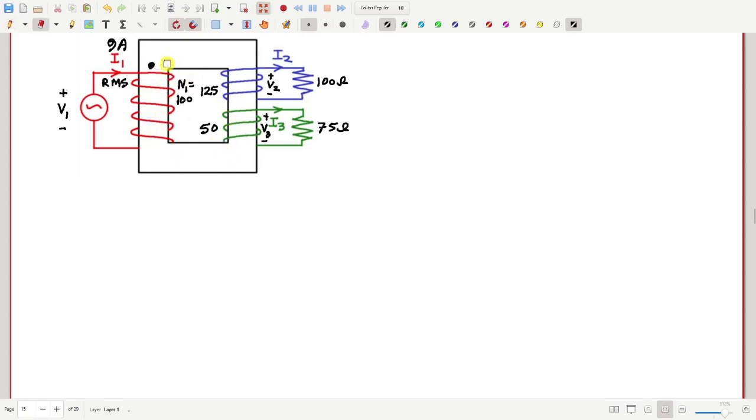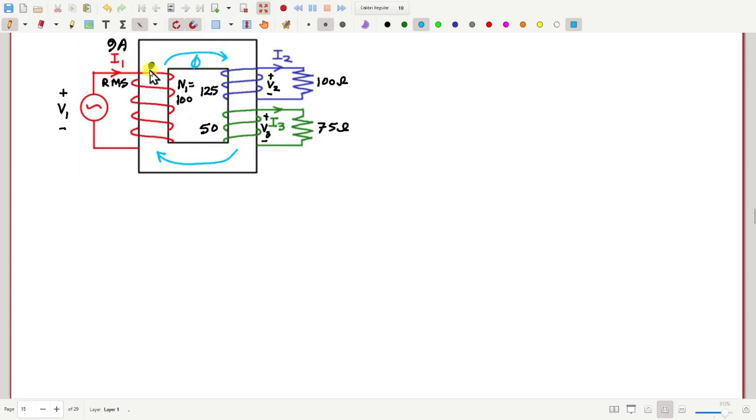Another way is, if current is entering through this dot, then it will create some flux. In which direction will that flux be? If you apply the right hand rule, that flux will be in the clockwise direction.